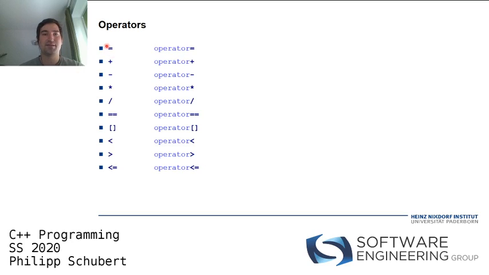For instance, this single equal sign, which in computer programming is most of the time the assignment operator, and also in C++ this is the assignment operator. If you wish to talk about the assignment operator, you have to put operator as a prefix, so operator equals. And the same, of course, for plus, minus, multiplication, division, and all the good stuff. So you always prefix with the operator keyword.